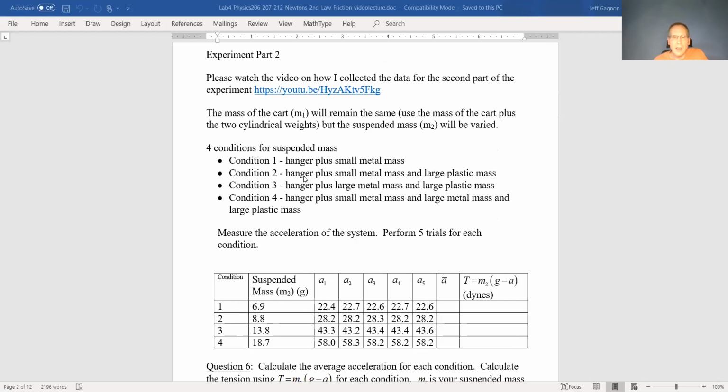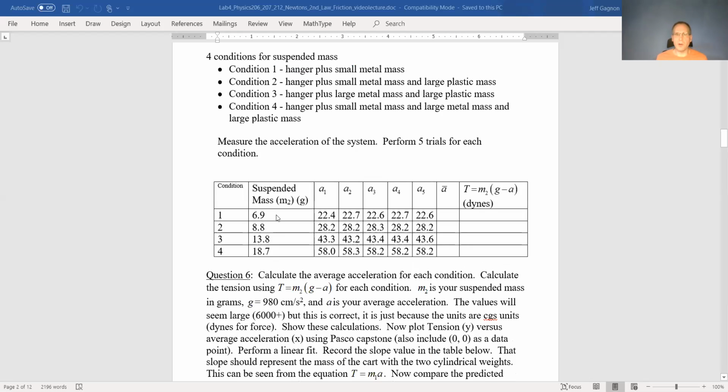Then condition 2 is the hanger plus a small metal weight and a large plastic mass. So basically, we're increasing the mass a little bit over these 4 conditions. I measured those masses for you, so you have them all on this table here. I again performed 5 trials where I experimentally got the acceleration for each of those conditions.